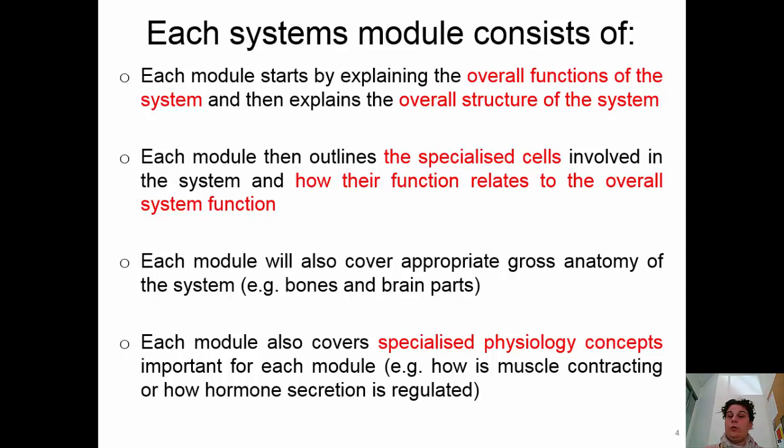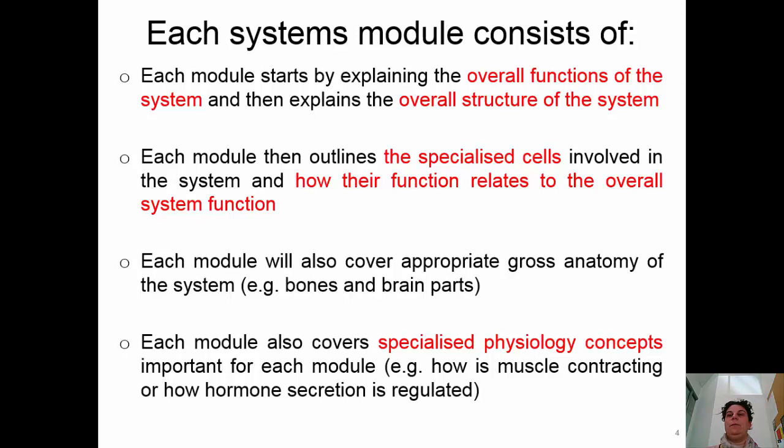Those of you who are myotherapy and acupuncture students, you will take this grounding of particular muscles, bones and joints and use it in your own disciplines. You will build on that within your own disciplines. Now, each module also covers specialized physiology concepts.